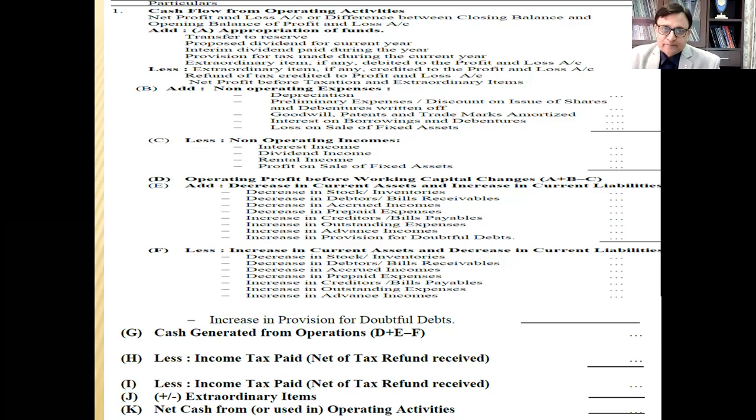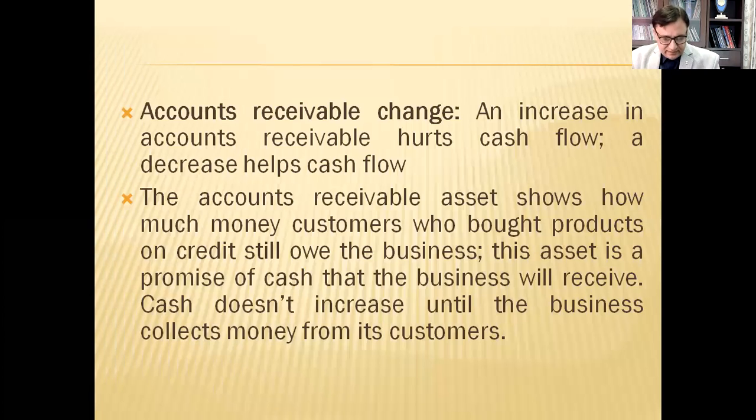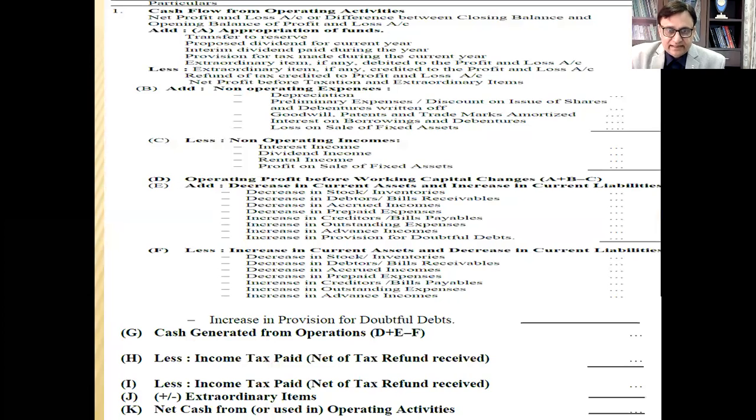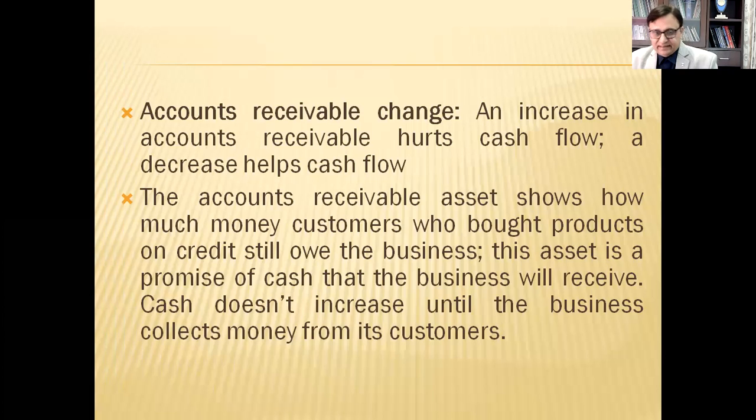Second, in whatever we have discussed here, you may have witnessed certain kinds of adjustment relating to working capital. So let's discuss them one by one, then we move to the practical aspects.